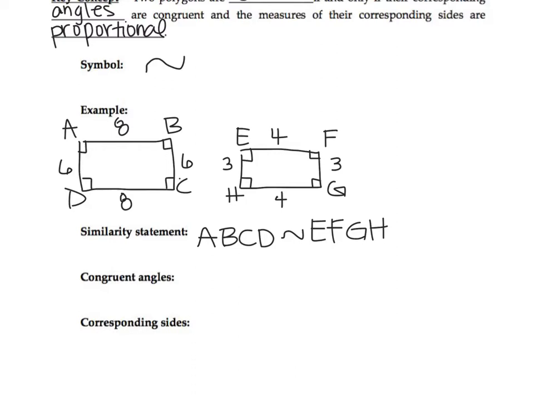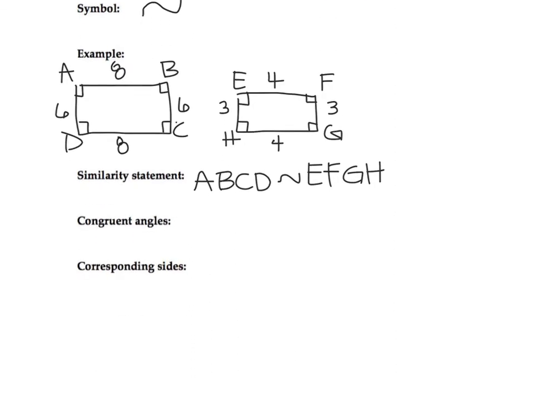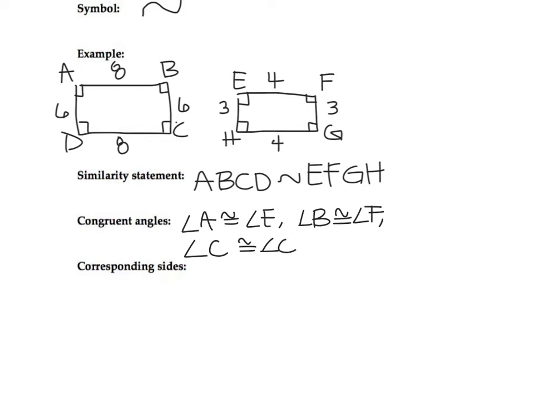I have to make sure corresponding angles that are congruent line up, as well as the corresponding sides that are proportional, in the same order. So angle A is congruent to angle E, angle B is congruent to angle F, angle C is congruent to angle G, and angle D is congruent to angle H.